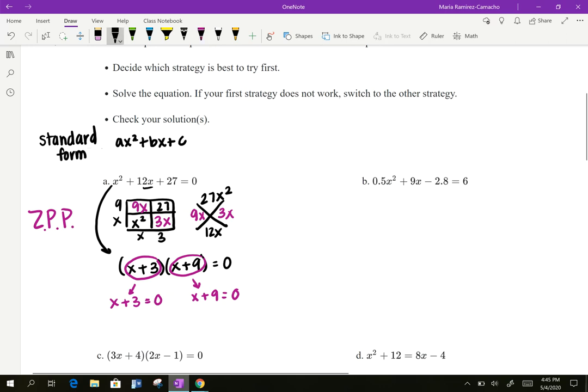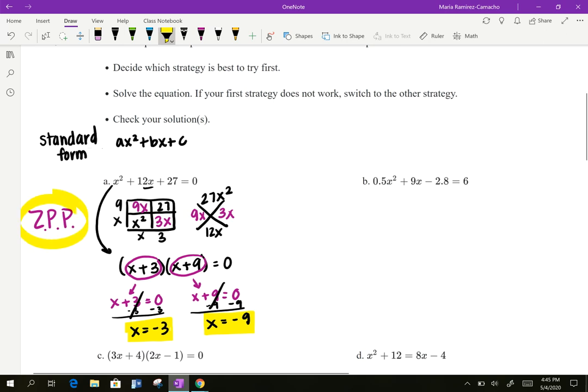If I subtract 3 from both sides here, I get x equals -3. If I subtract 9 from both sides here, I get x equals -9, and that's it. I have solved for x. Again, if ZPP had not worked, then I could go back and try the quadratic formula or completing the square.